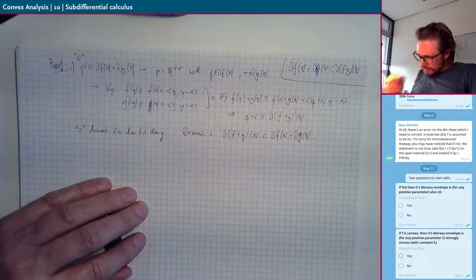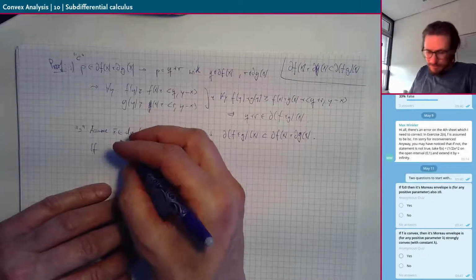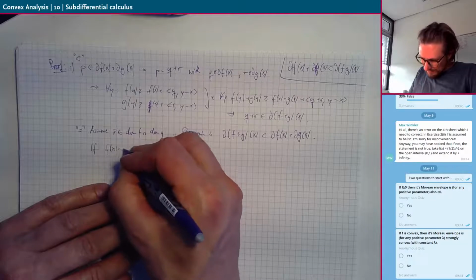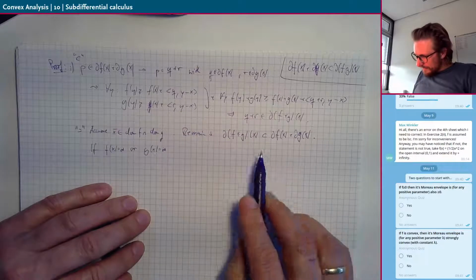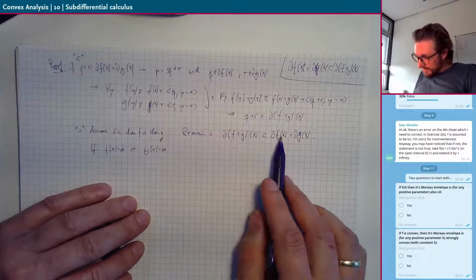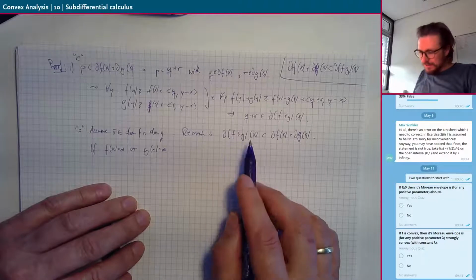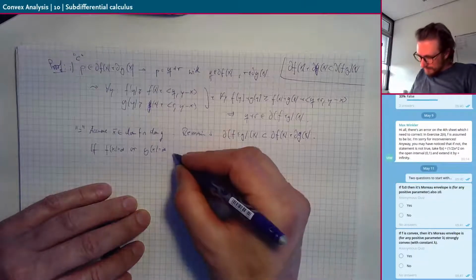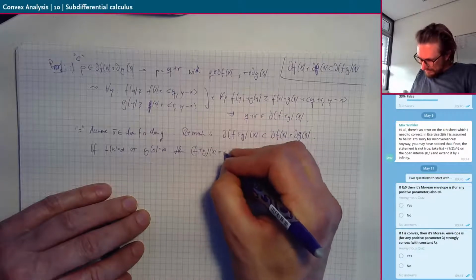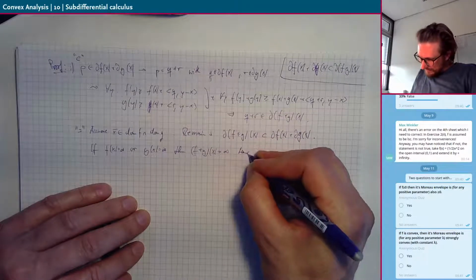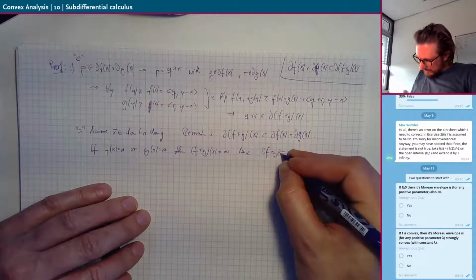If f of x is infinity or g of x is infinity, then this is clear, because then f plus g at x is infinity, hence the subgradient of f plus g is empty at x.